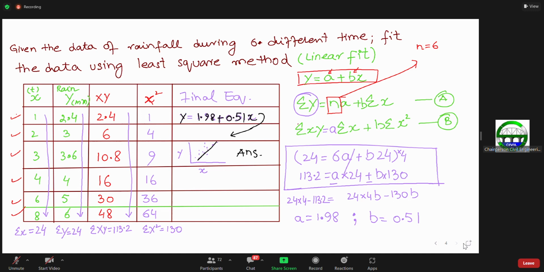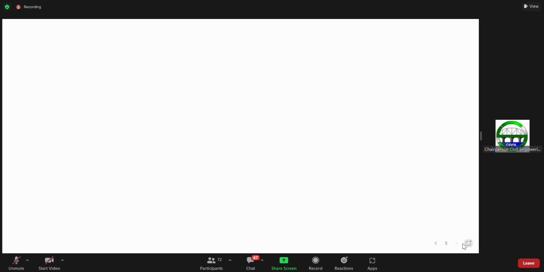Okay, so let's try to solve another example. Then it will be more clear to you guys.